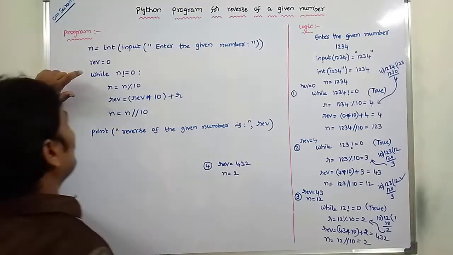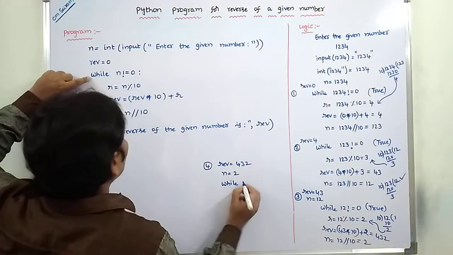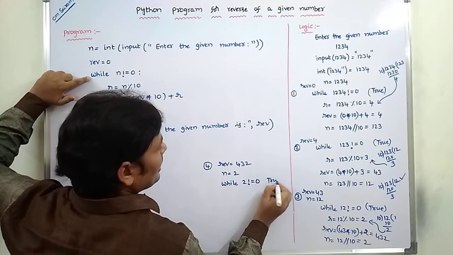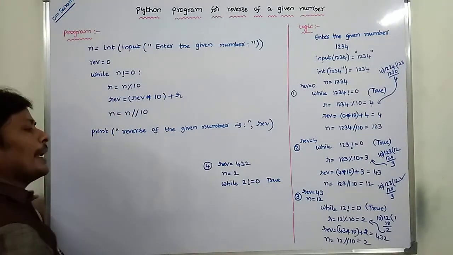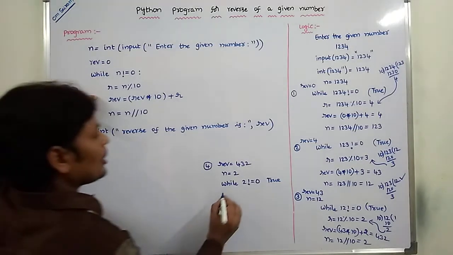Now go to while: 1 not equal to 0, condition is true. Then the statements within the while loop are executed.